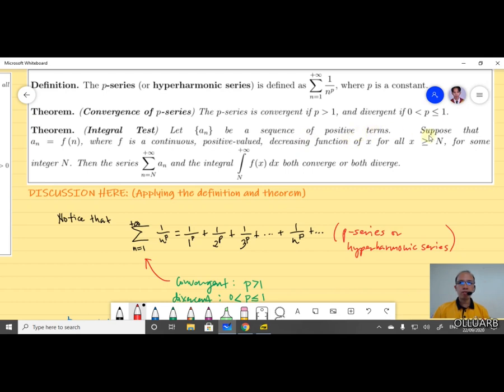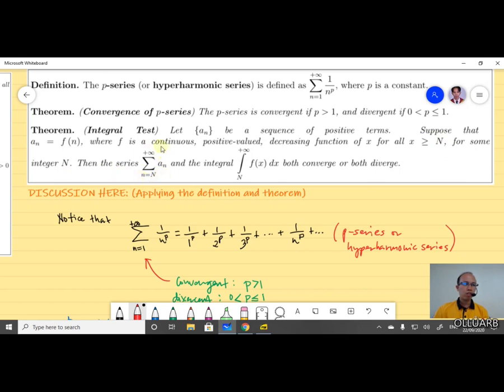Okay, suppose that your sequence a sub n is denoted by f of n, where f is a continuous, positive valued, decreasing function for all x greater than or equal to number N, where N is an integer.